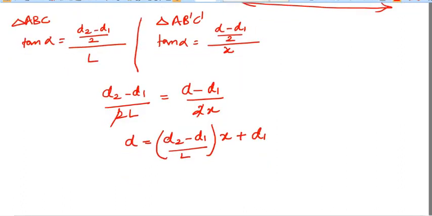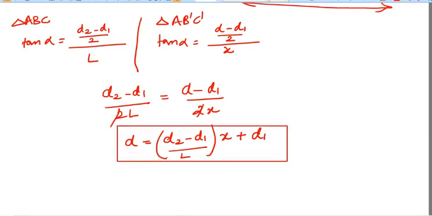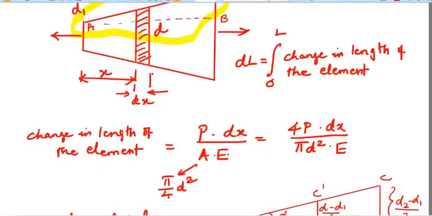Now you have to substitute this relation in the equation for the change in length of the element.